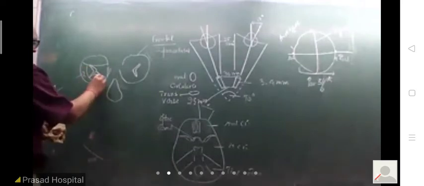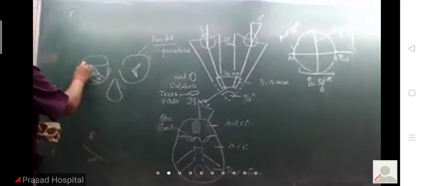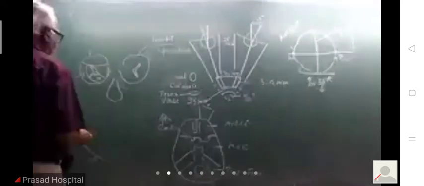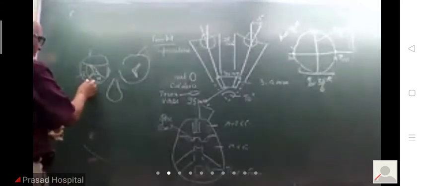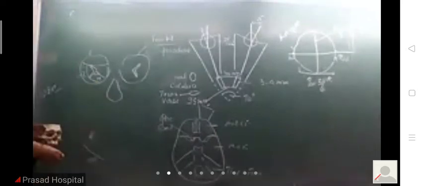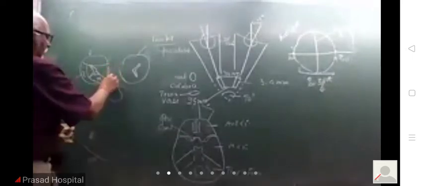So the lateral wall is formed by frontal and by zygomatic bone. The lower margin is formed by zygomatic and maxilla. The medial margin is again formed by frontal, and the frontal crosses the maxilla.